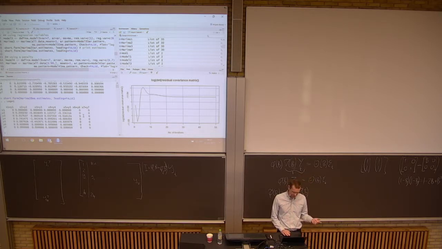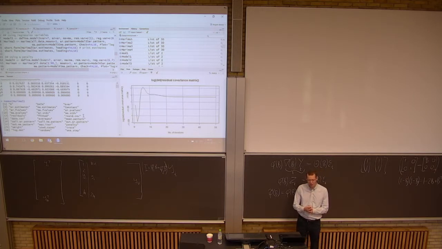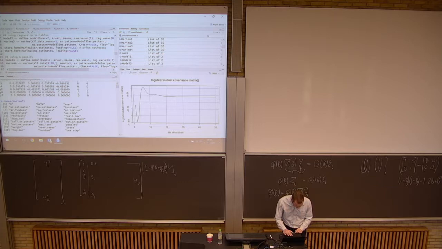So, in the Marima output, let me just look at what it gives me. There's a lot of information in here. So far, I only looked at the AR estimates and MA estimates.